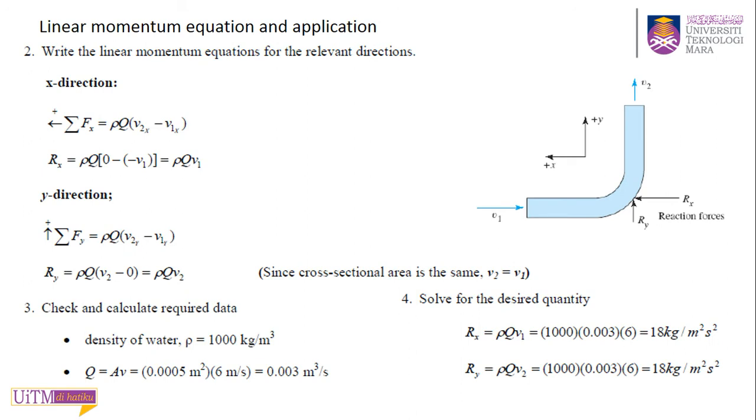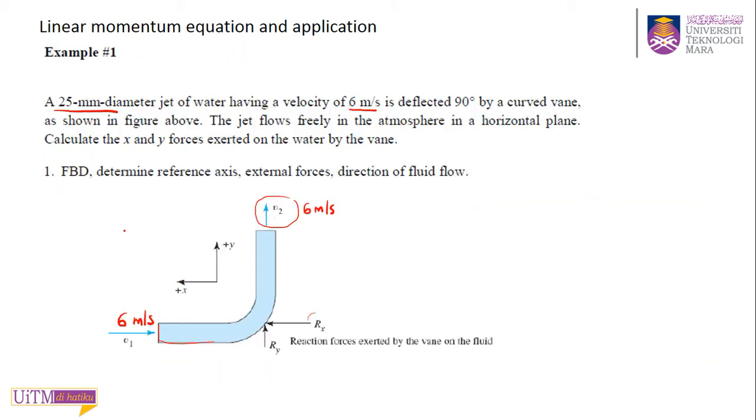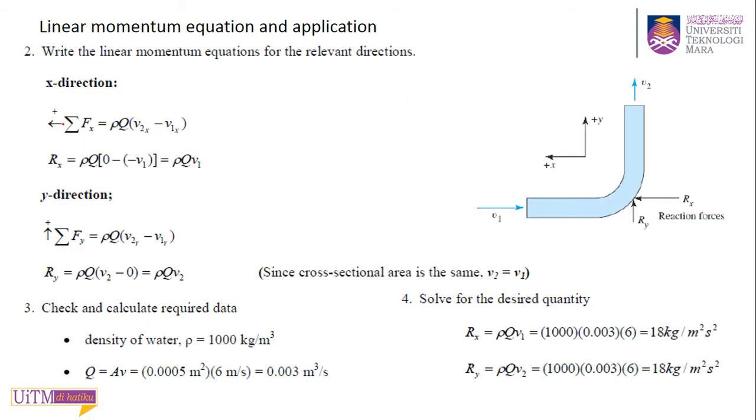So then write your linear momentum equation as this, because they give you the reference as this. To the left is positive. That's why they put here to the left positive. Summation of force in x direction equal to rho Q delta V. So delta V we know is V2x minus V1x. And we know V2x is 0 because there is no component in x direction.